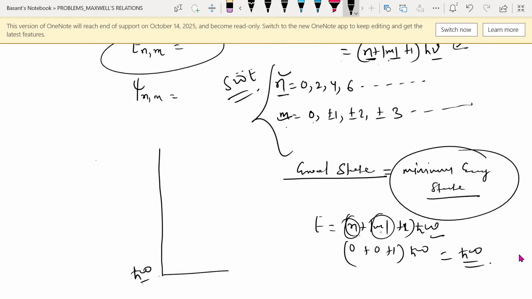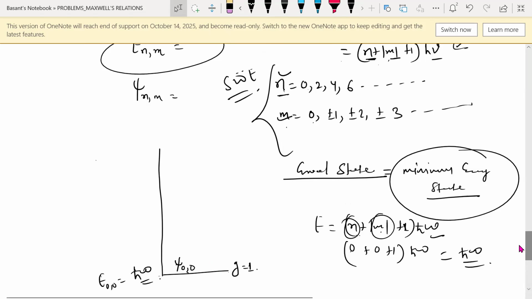This is E 0,0, and the wave function of this energy level is represented by psi 0,0. The degeneracy of this energy level is 1, because only one state lies here.